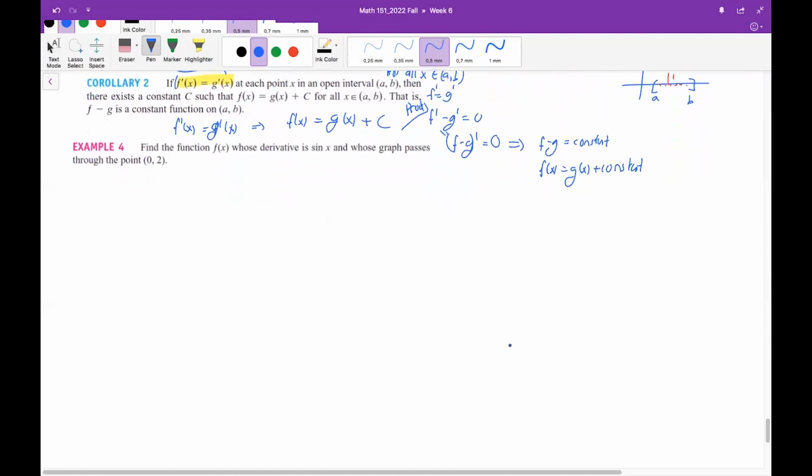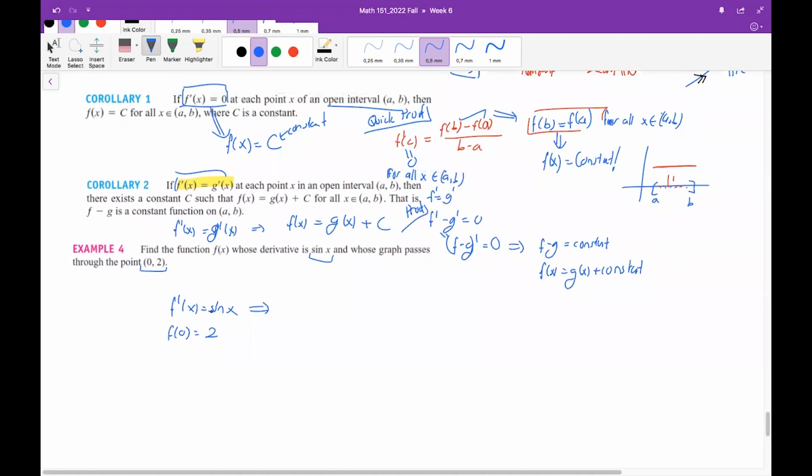And what we have here is an example: f of x whose derivative is sine x and whose graph passes through this point. We want to find out which function does this. Okay, what do we know? The first derivative is sine x, and one more piece of information is given here. Our function takes the value 2 at the point 0. Okay, let's use the corollaries that we have just covered.